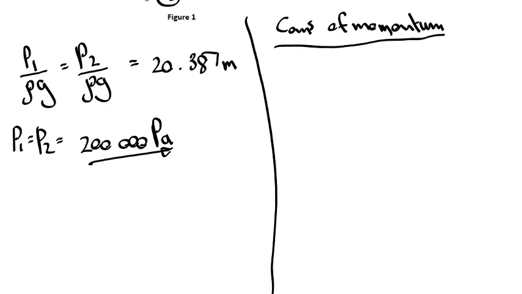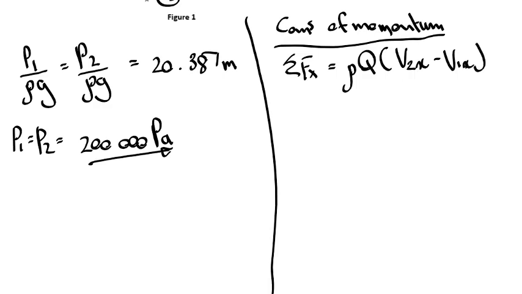Conservation of momentum reads that the sum of the forces in the x direction should be equal to the mass flow rate times the velocity change in a certain direction. In this case, it's the x direction. We know that mass flow rate is equal to rho Q, and we have our velocity 2 in the x direction minus our velocity 1 in the x direction. Close the bracket, and that's it. And we take x to the right as positive.